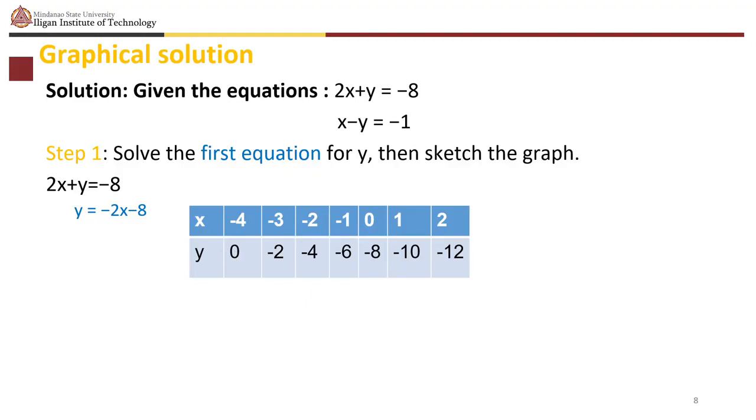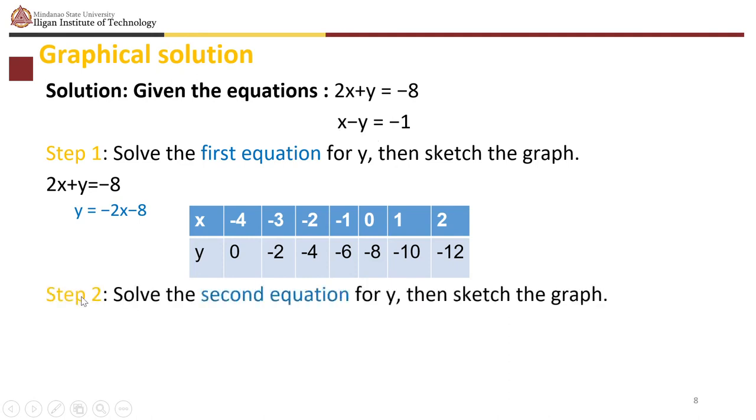Similarly, when x is equal to -3, we have -2 times -3, which is positive 6, minus 8, which gives us -2. You can verify these values one by one, and we can also solve for the values of y and x for the second equation.